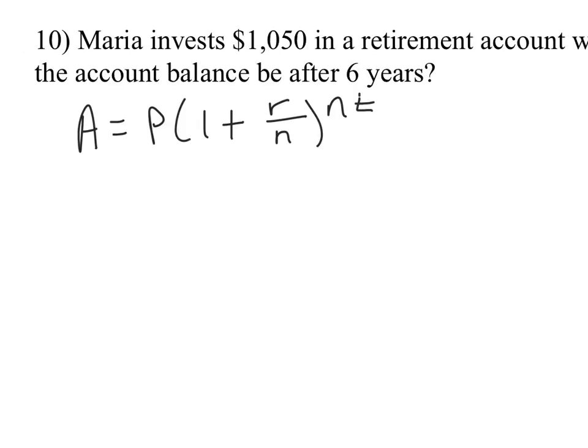All right, so for this problem, I'm using this formula. This is our compounding interest formula. And since our interest is being compounded monthly, then my n is going to equal 12.